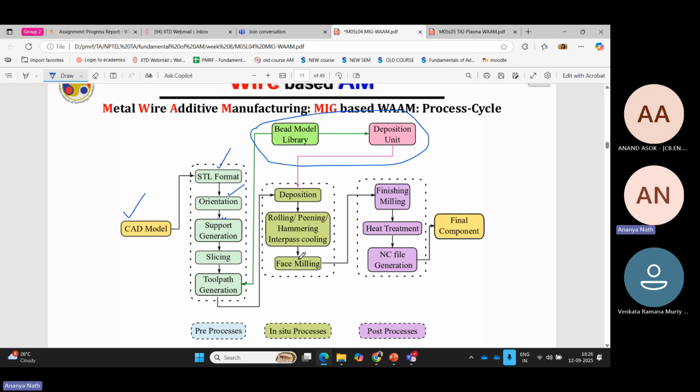Excuse me. Yes. In that case, we have to wait till the previous layer gets cooled. Okay, so it takes a lot of time, no? It will not take a lot of time, because it will solidify very quickly, because your scan speed is very high in case of additive.